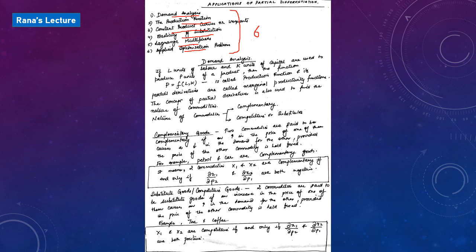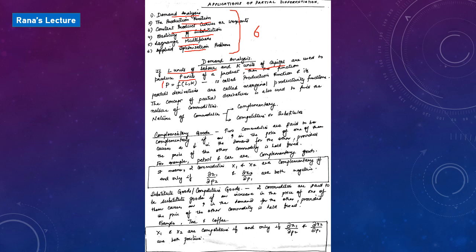Suppose if L units of labor and K units of capital are required to produce P units of a product, then the production function will be a function of L and K, right? So this is known as the production function.